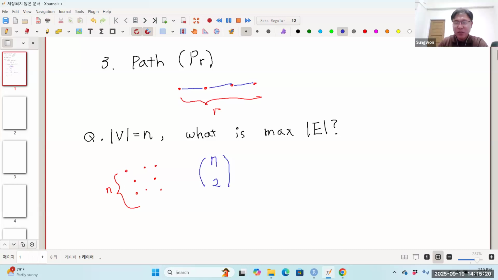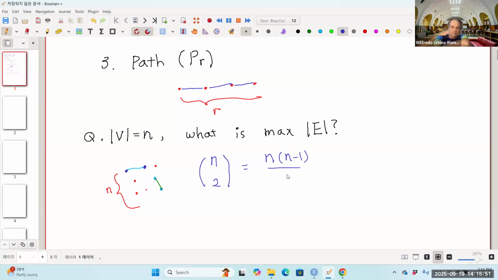Because you're picking up 2 vertices, and you connect one edge, and then you pick up 2 more vertices and connect edges, and by doing that, the number of edges will be n choose 2, which is approximately n times n minus 1 over 2.